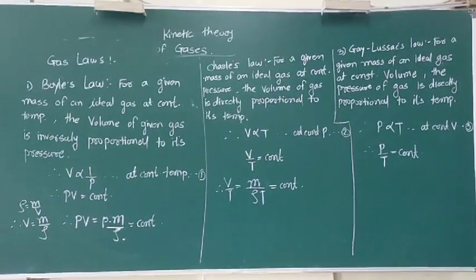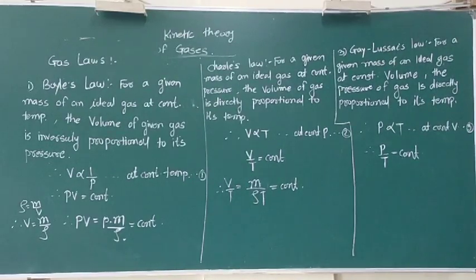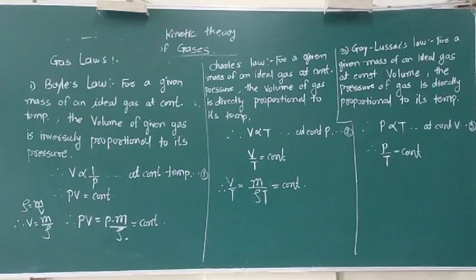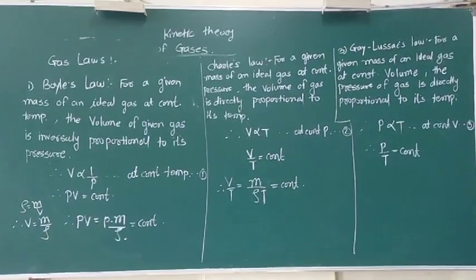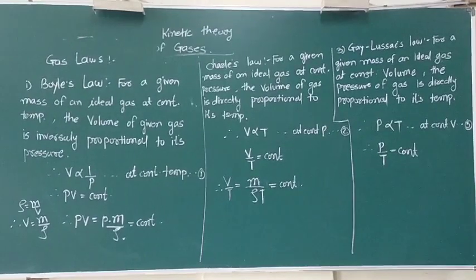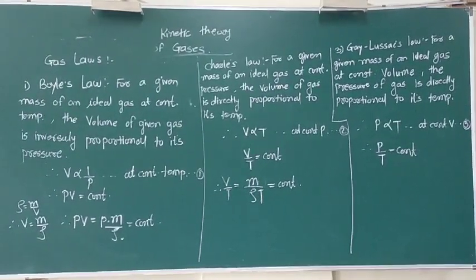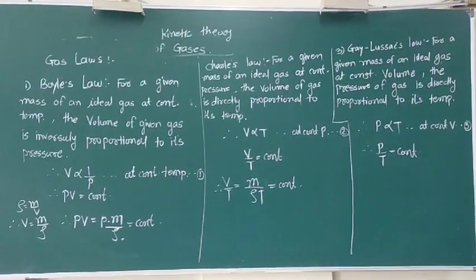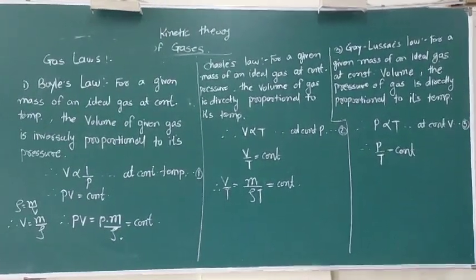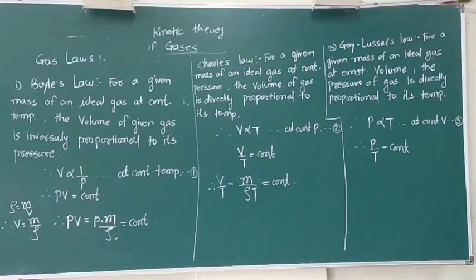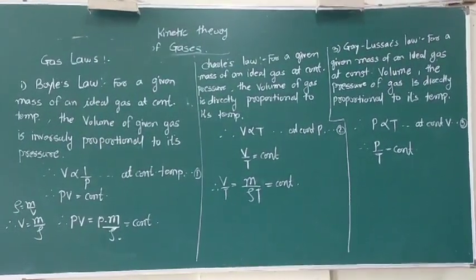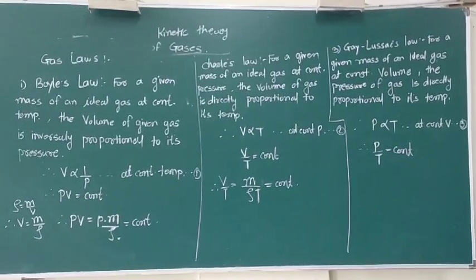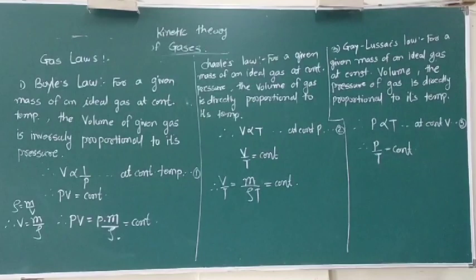That means V is directly proportional to T. Therefore, V upon T is equal to constant. Similarly, by using the formula volume is equal to mass upon density, V upon T is equal to M upon rho into T, which is equal to constant.